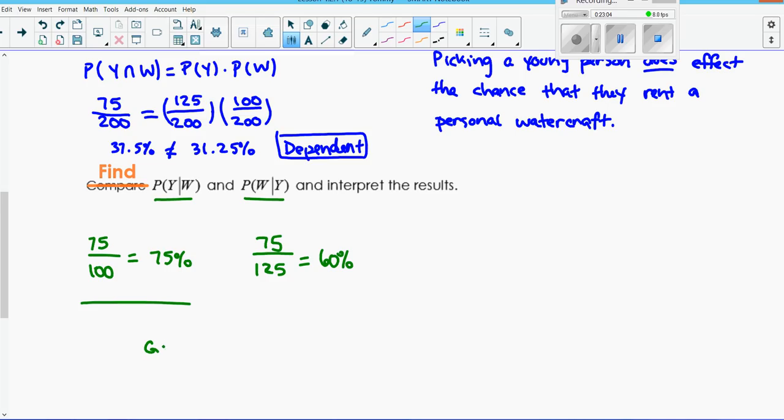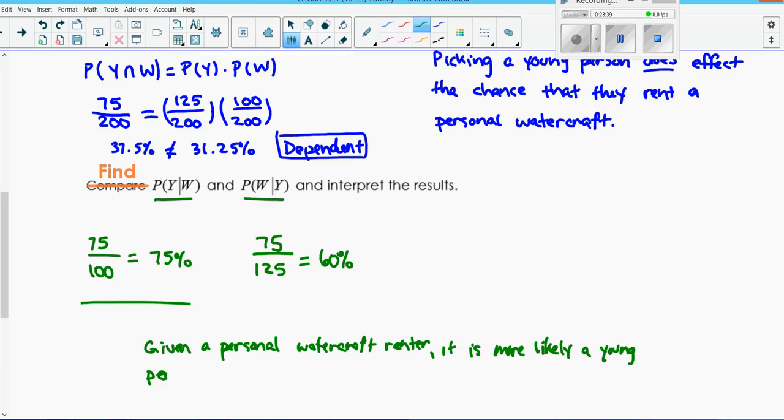So I'm going to say, given a personal watercraft renter, because that's my sample space, it is more likely a young person will be chosen, because that's what I'm looking at out of that sample space.